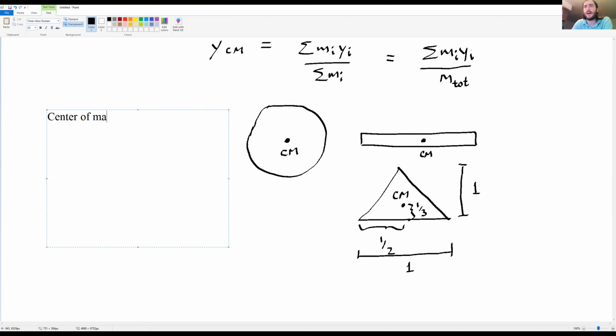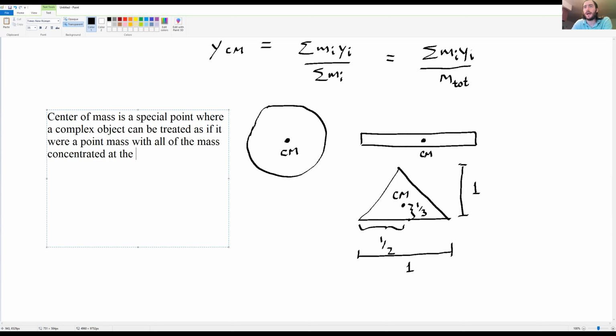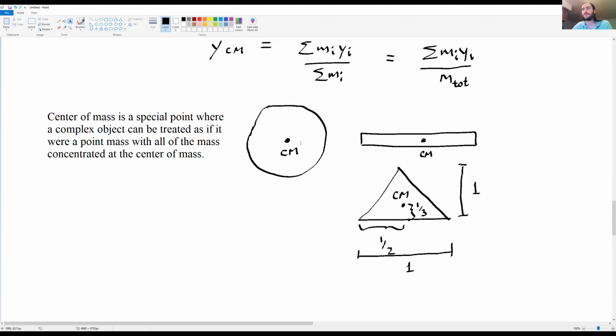So center of mass is a special point where a complex object can be treated as if it were a point mass with all of the mass concentrated at the center of mass. So that is literally the meaning of the center of mass. Center of mass is a special point where a complex object can be treated as if it were a point mass with all the mass concentrated at that center of mass.